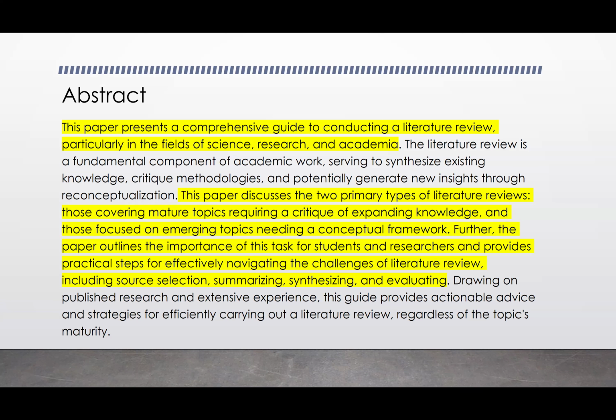Further, the paper outlines the importance of this task for students and researchers and provides practical steps for effectively navigating the challenges of literature review, including source selection, summarization, synthesis, and evaluation. Drawing on published research and extensive experience, this guide provides actionable advice and strategies for efficiently carrying out a literature review regardless of the topic's maturity.